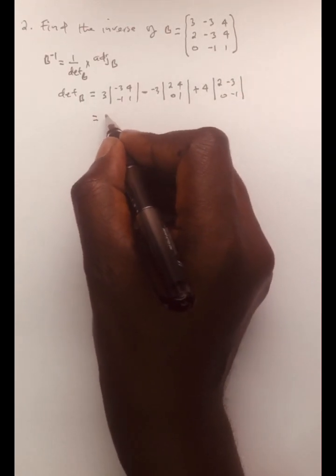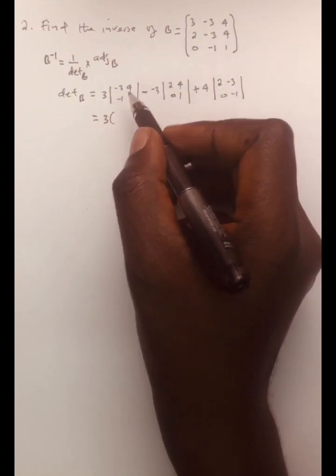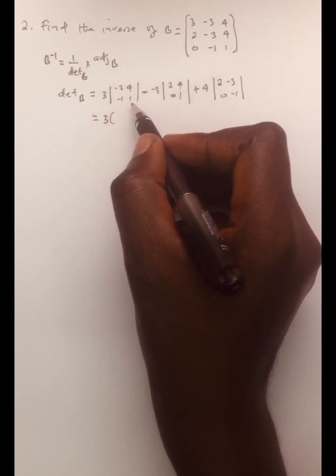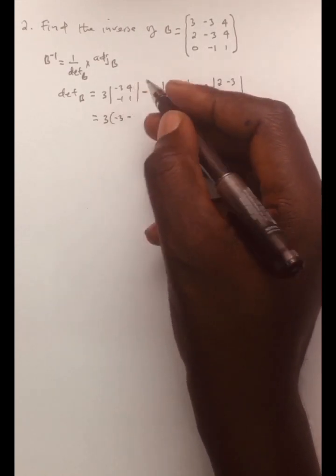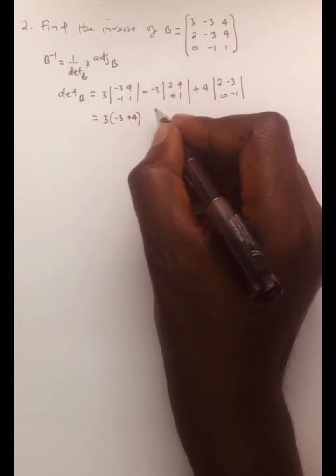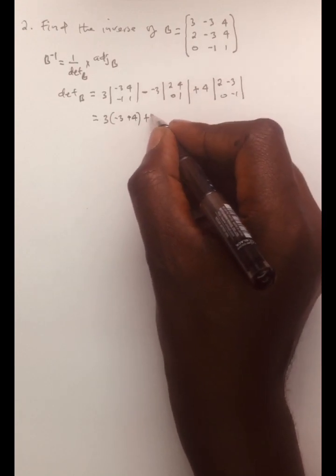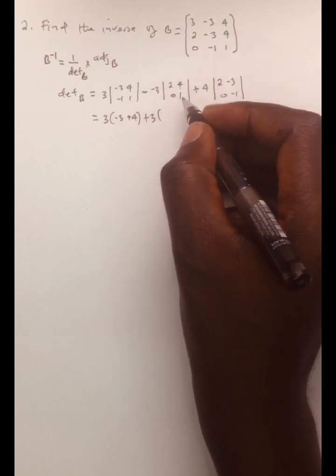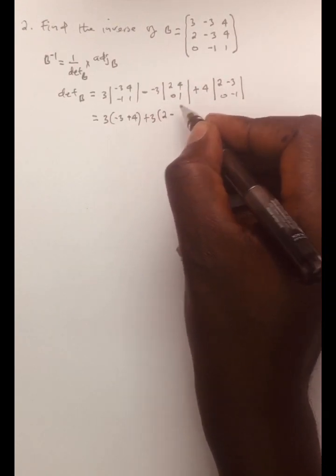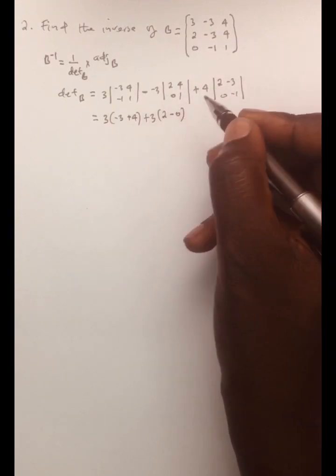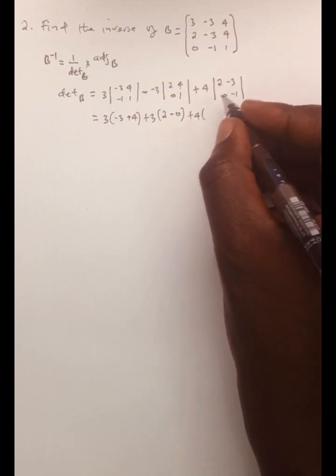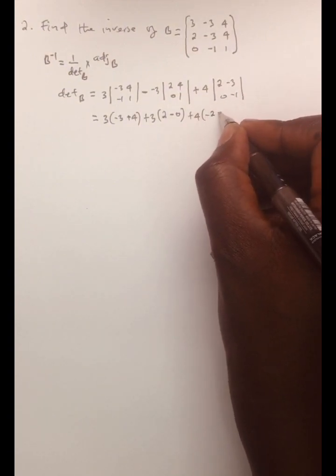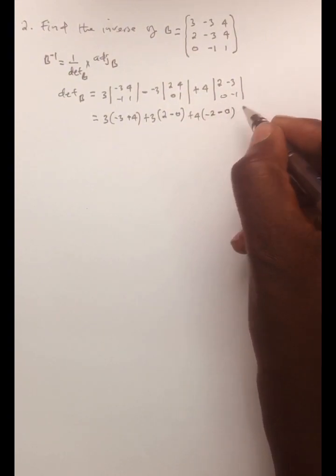So let us work this out. We have 3 into negative 3 times 1, that is negative 3, minus negative 4, that is plus 4. Minus minus, that is plus 3 into 2 by 1, which is 2, minus 4 by 0, which is 0, plus 4 into 2 by negative 1, which is negative 2, minus 0.